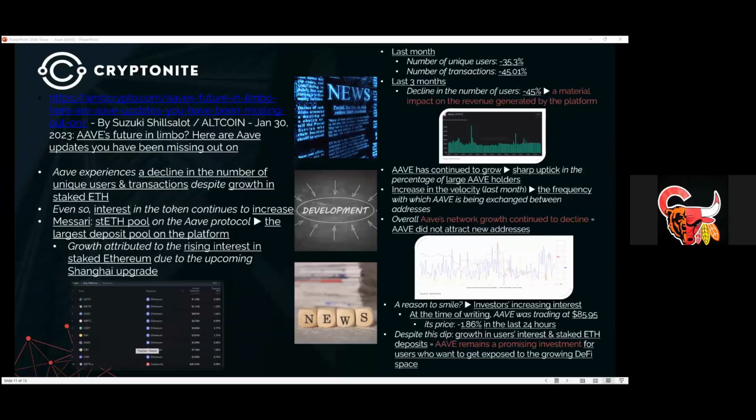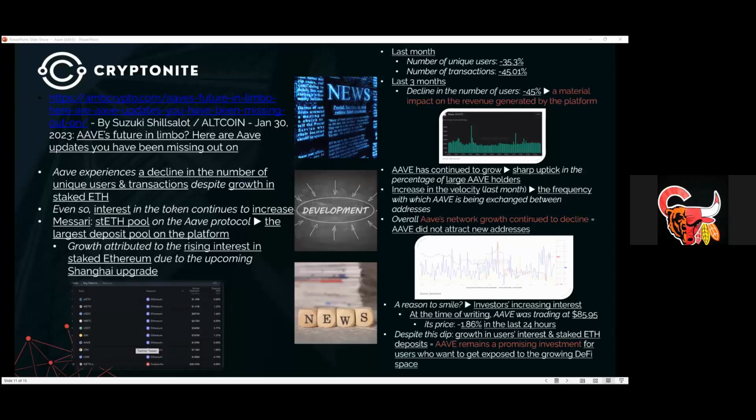Now, there's been a decline a little bit in the number of unique users recently, despite the fact that there was an increase in Messari, which is a staked ETH pool on the Aave protocol, which is the largest deposit pool on the platform. So we see on one side things growing, but then the number of unique users is down 35% in a month.